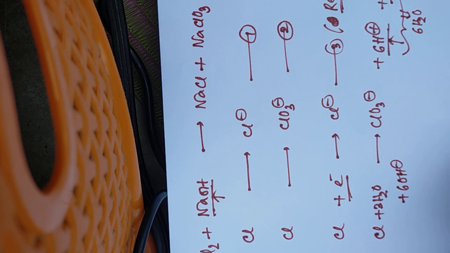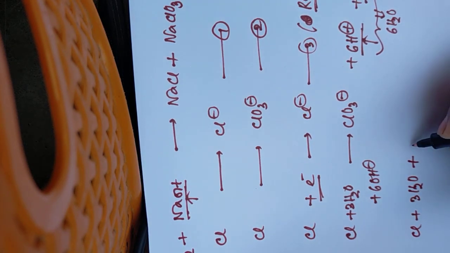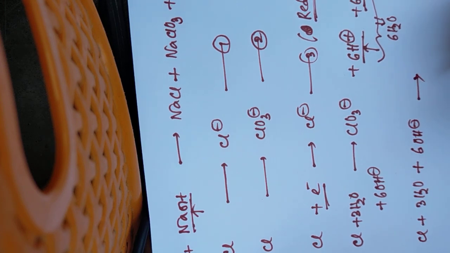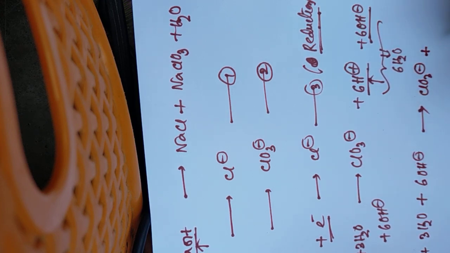So the equation becomes Cl plus 3H2O plus 6OH- gives ClO3- plus 6H2O.